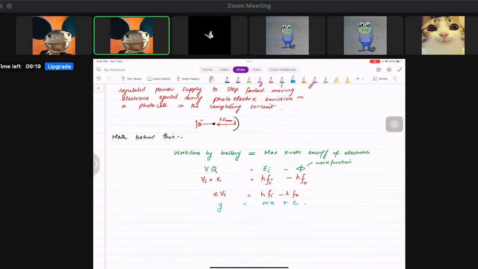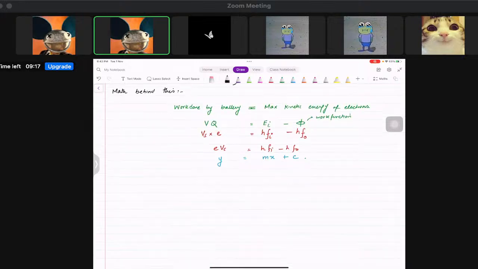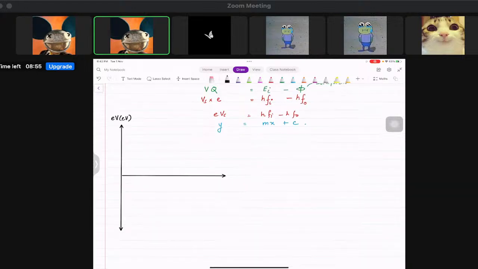So if I draw the curve of this, this curve is very, very important because it will define your understanding of this. The curve has to be drawn like this. On this side, we have the work done in eV, the electron volts, you know this. This is 0 electron volt, this is minus eV.